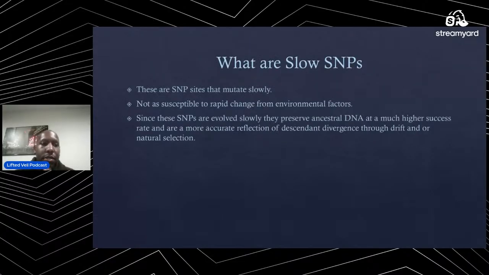What are slow SNPs? These are SNP sites that mutate slowly, not as susceptible to rapid change from environmental factors. Since these SNPs evolve slowly, they preserve ancestral DNA at a much higher success rate and are a more accurate reflection of descendant divergence through drift and or natural selection.